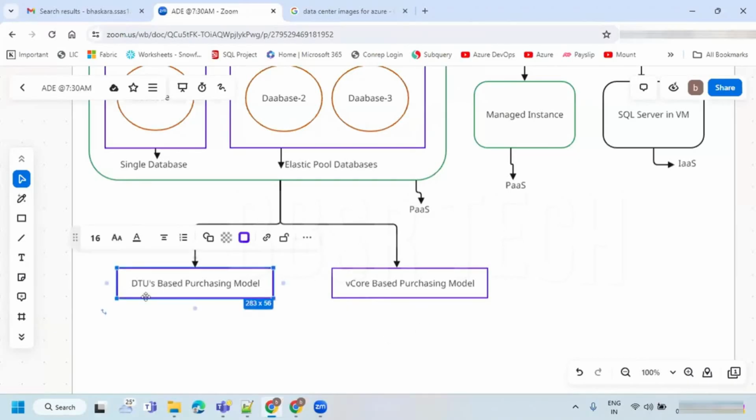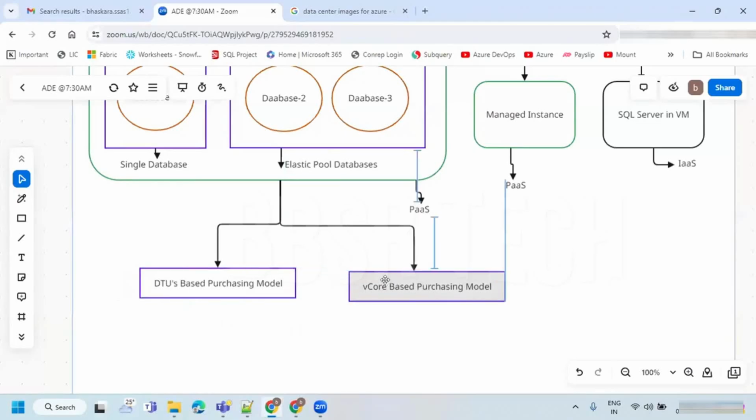So as I said, we have two different types of purchasing models: DTUs based purchasing model and vCore based purchasing model. And every purchasing model has three different types of pricing tiers.